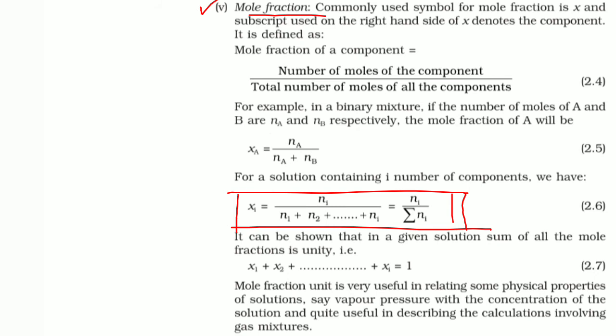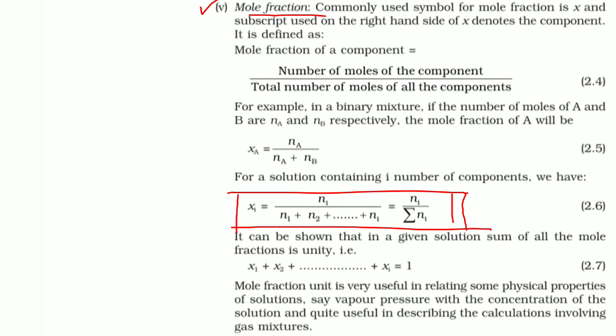But if you add continuously like 2 plus 2.0000001 plus 2.0000002, it is continuously increasing with no visual gap, so it is integration. Understand? So Xi is equal to Ni divided by summation of Ni.